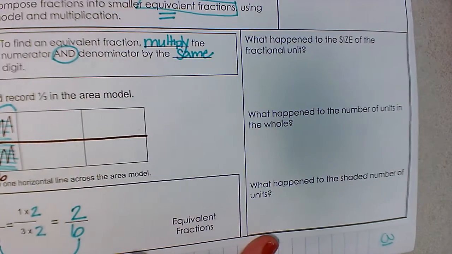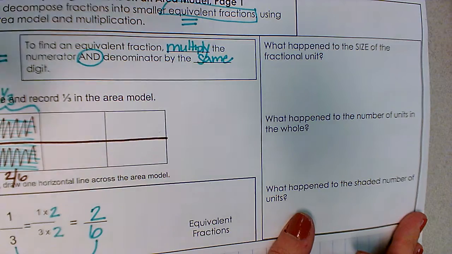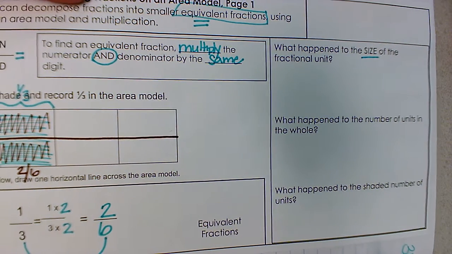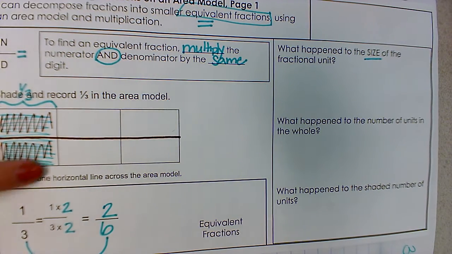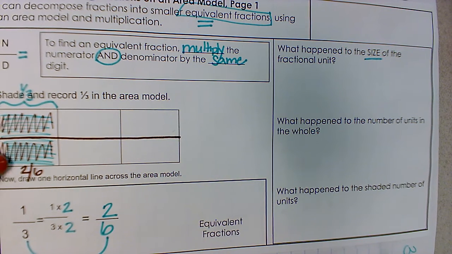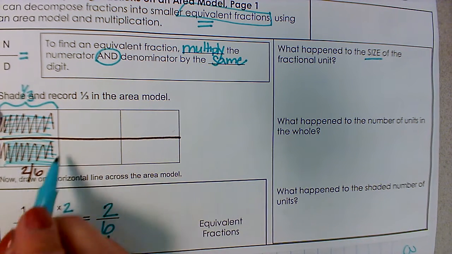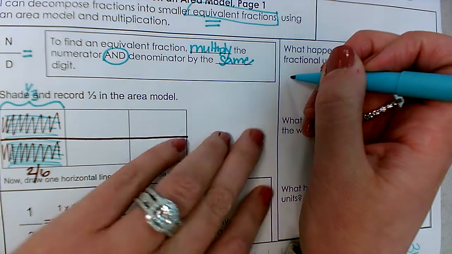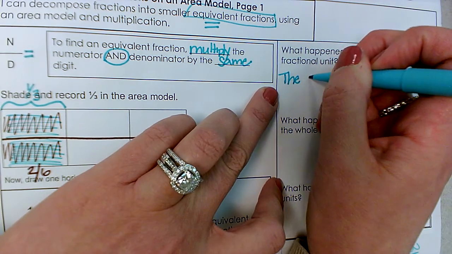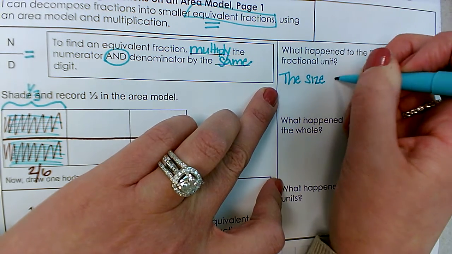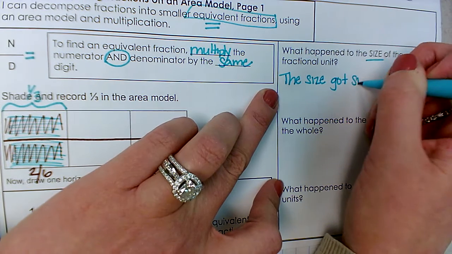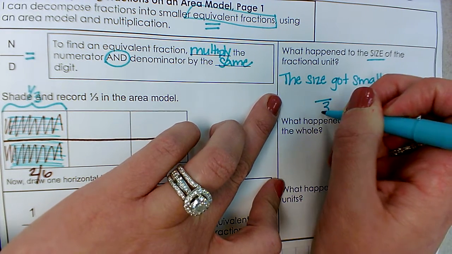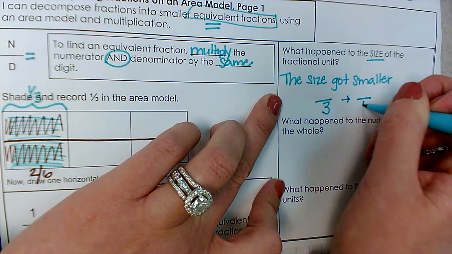So let's talk about what happens to our fractions for just a moment so we understand. When I talk about the size of my fractional unit, so that means from 1/3, and now I went to 6 pieces. What happened between the 1/3 and a 6th? If you think that my unit, the size, got smaller, you are correct. That piece got smaller, even though the denominator went from 3 and it changed to 6.